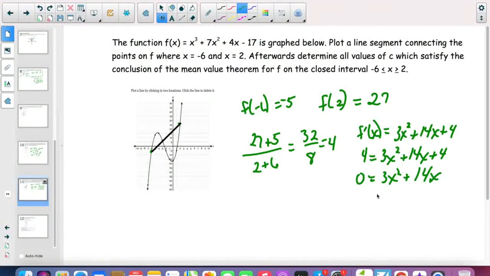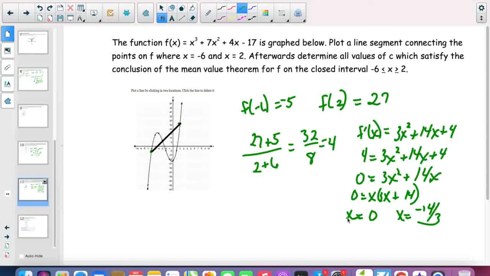And I could factor that. When I bring out an x, I have 3x plus 14 left. And so this would happen when x equals 0, and it would happen when x equals negative 14 thirds. So my c values here are x equals 0 and x equals negative 14 thirds.